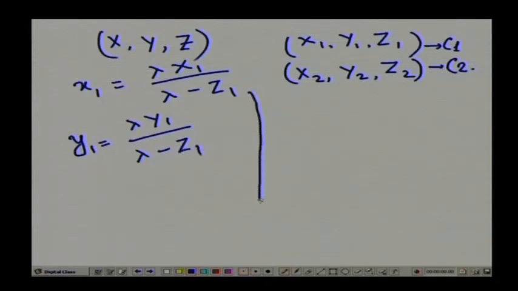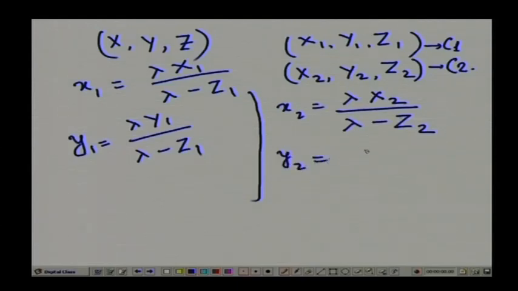Now, with respect to the second image, the image coordinate x2 is given by lambda times capital X2 divided by lambda minus capital Z2. Similarly, y2 is given by lambda times capital Y2 divided by lambda minus capital Z2.